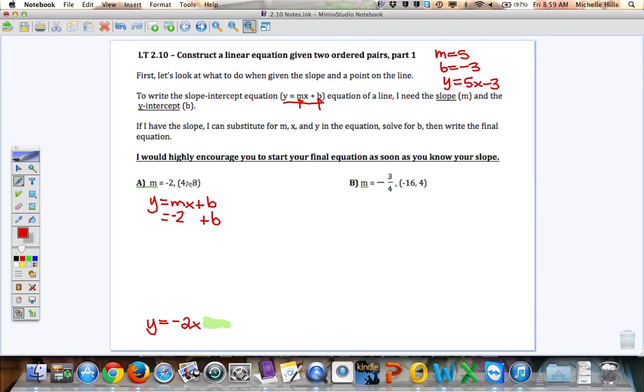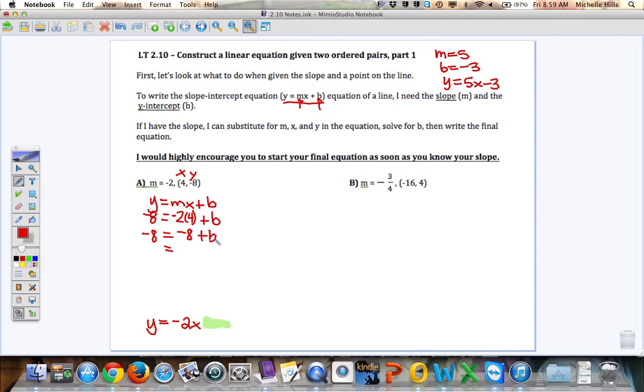In this specific case, we have an x and a y that are on this line. Since y is -8, I can substitute -8 in place of the y, as long as at the same time I substitute 4 for the x, because at that point x is 4 and y is -8. At this point, -8 equals, solve this equation, -2 times 4 is -8, plus b.